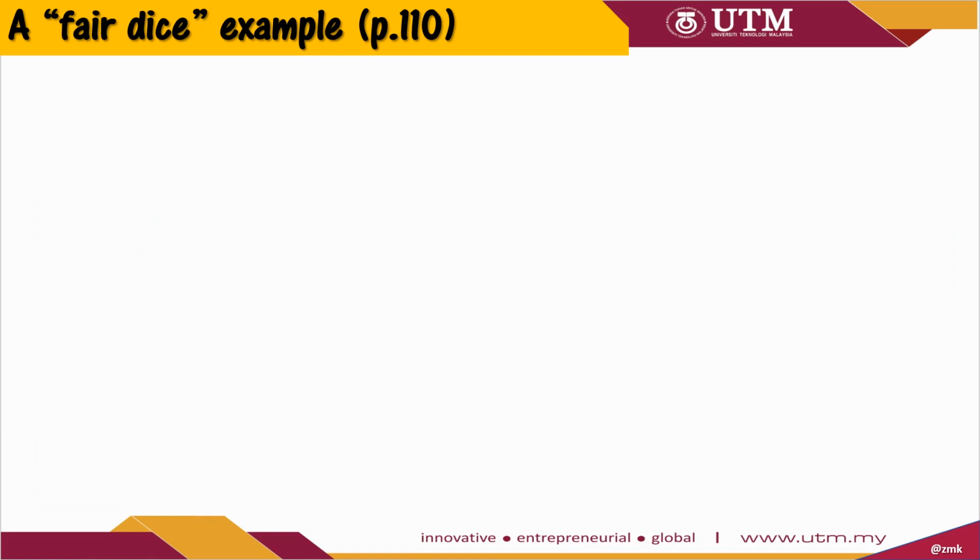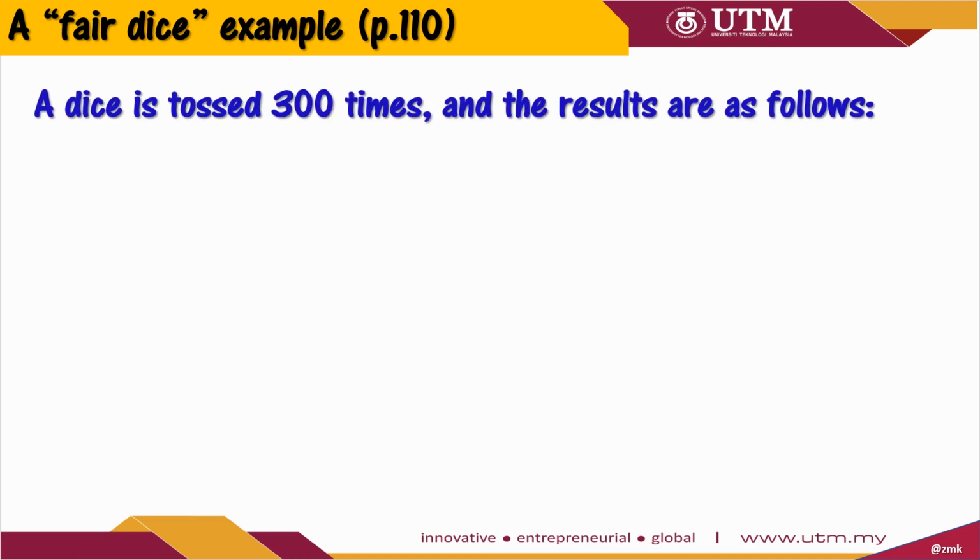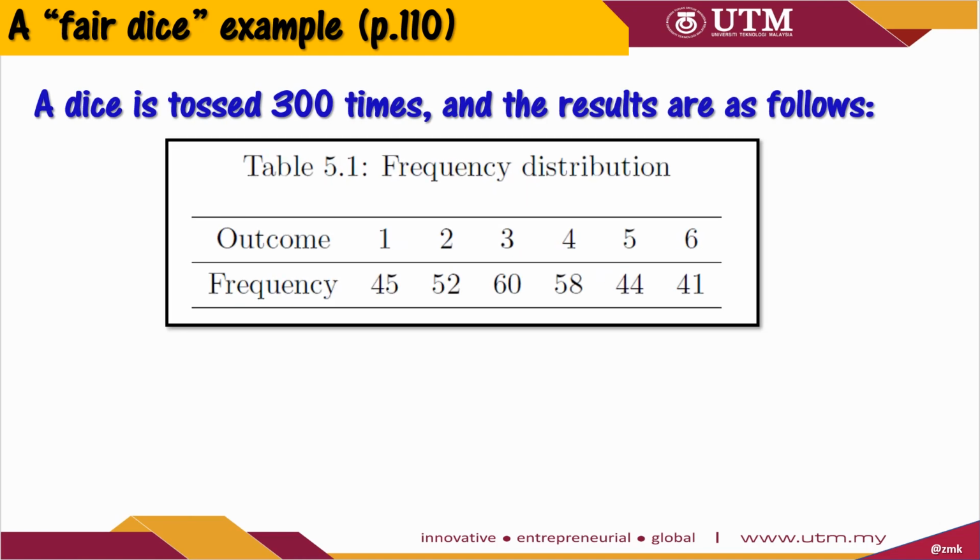We look first at the fair dice example on page 110 in the Statistics for Engineers textbook. Here, a common dice which has 6 faces is tossed 300 times and the results are tabulated as follows. The table shows how frequent the values on the dice have appeared. From this experiment, we can see that number 1 appeared 45 times, number 2 52 times, and so on.